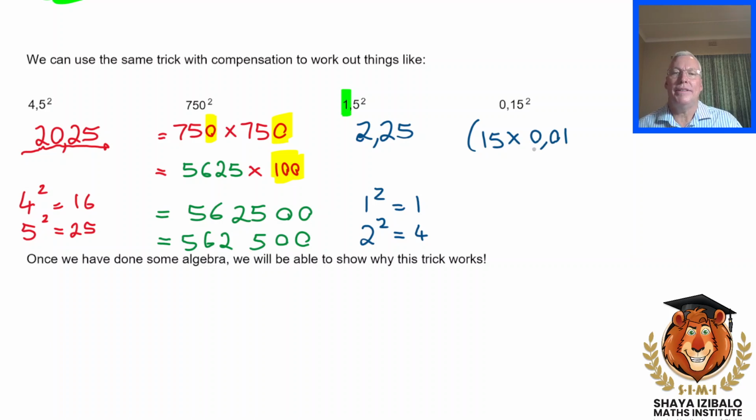Right? That is 15 divided by 100 or times by one hundredth. Now we're going to multiply that by another 15 times 0.01.